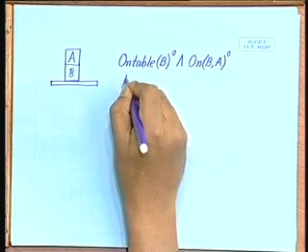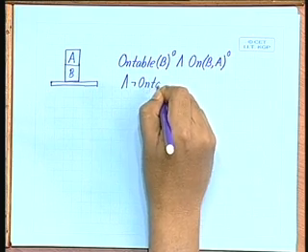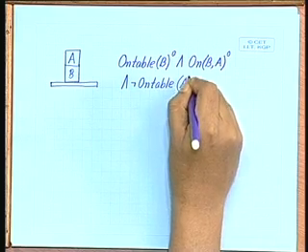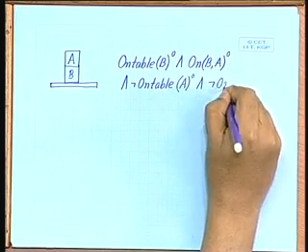So, we must add clauses like not on table A, and not on B A.